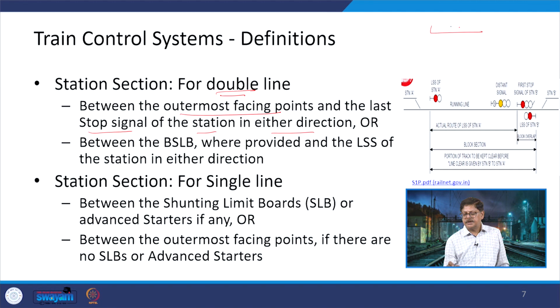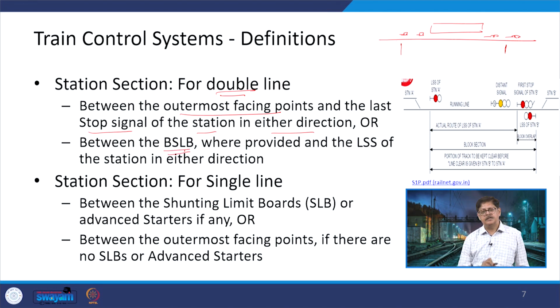Say there is a station here, that is a track here, there are going to be the starter signal, the advanced starter signal, at this point the home signal and the outer signal. So, with respect to this outer signal and the last stop signal, we are discussing the distance.